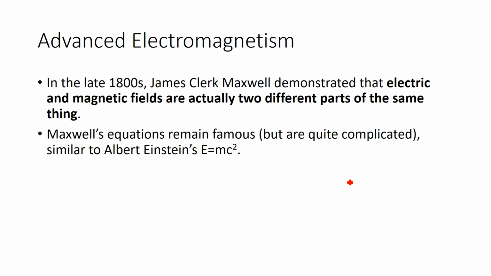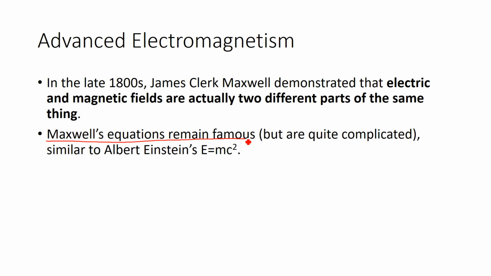So, advances in electromagnetism. By the late 1800s, James Clerk Maxwell came along and he demonstrated that electric and magnetic fields are actually two different parts of the same thing, so they are interconnected. His equations are still really famous, but they got eclipsed because they're very complicated.